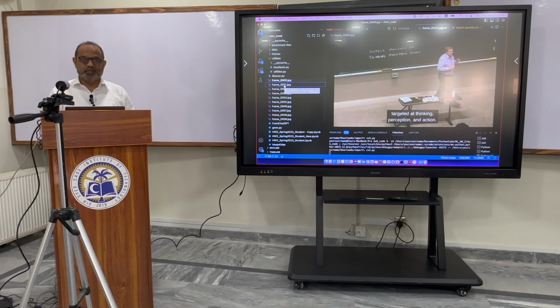MPEG-4 has to be converted into frames, and the frames have to be converted into RGB, those three matrices, depending upon how many frames you want to feed to your AI algorithm.